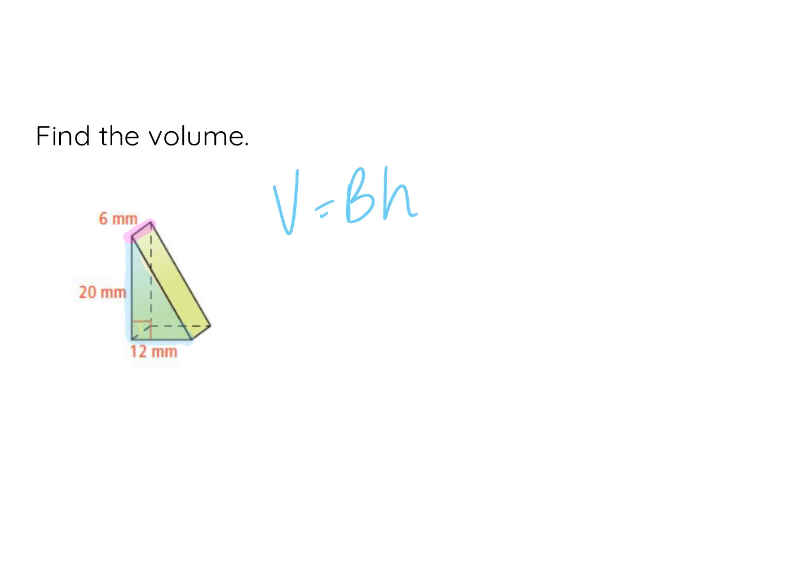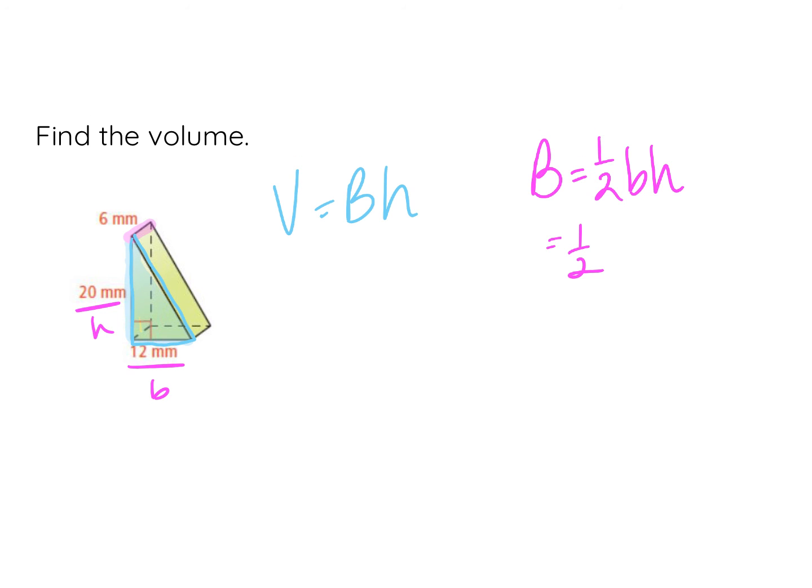So I'm going to do that over here in a different color. My base is this triangle here. So how do I find the area of a triangle? That's 1/2 base times height. Okay, so here's my base, here's my height.